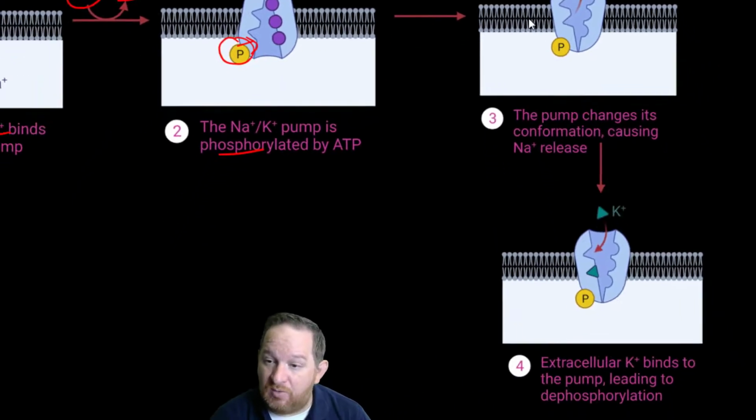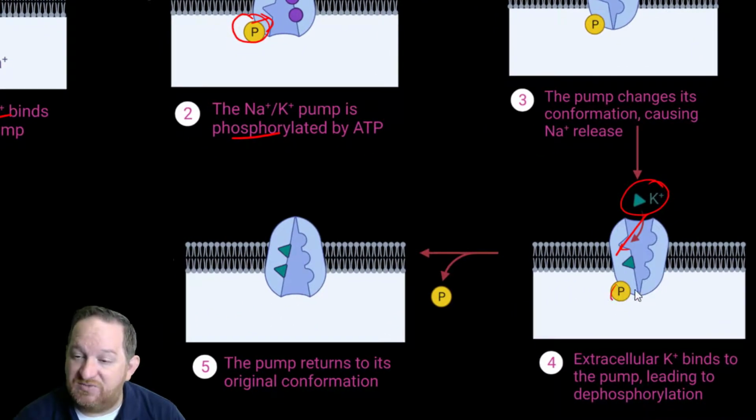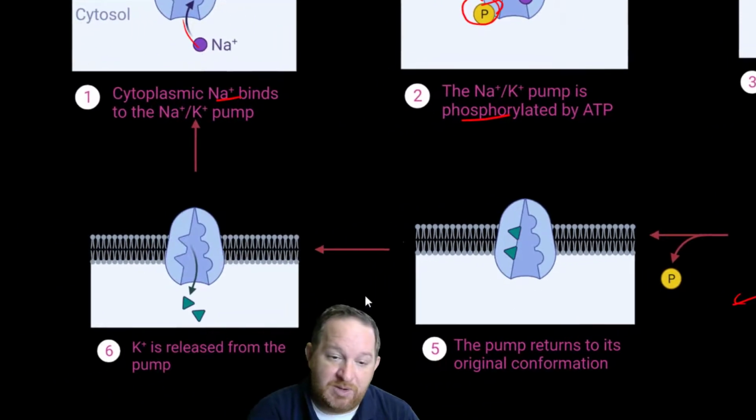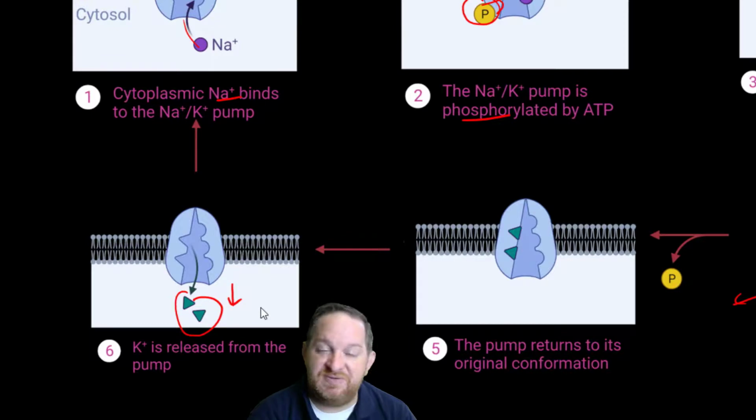So then what about that potassium that was outside? The potassium that was outside now will come, and notice it has to bind to a different spot in the sodium-potassium pump. And what you'll see is that when that happens, that phosphate group will be dephosphorylated, come off, and the pump opens back up, changing the conformation once again, going to the original conformation, and these potassium can release and go back inside the cell.